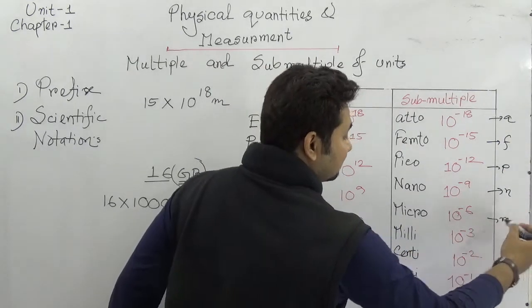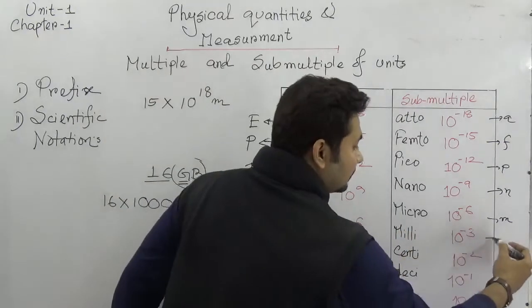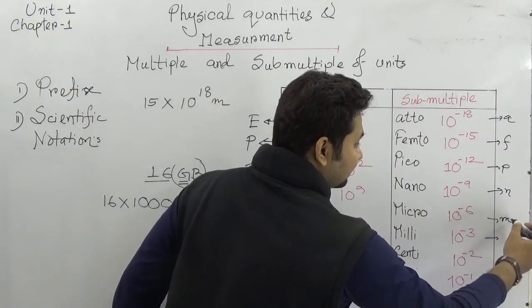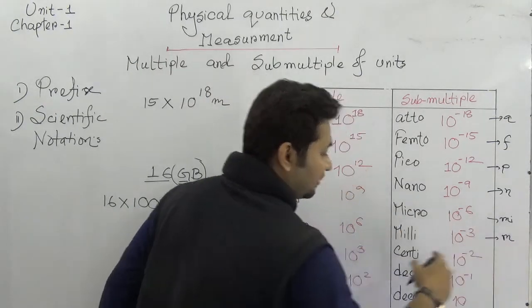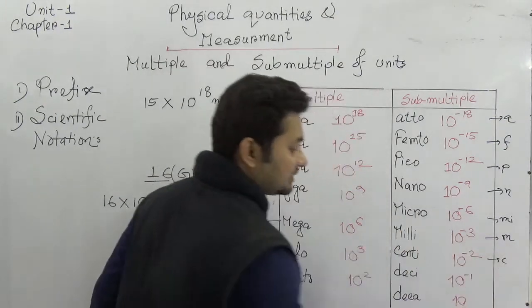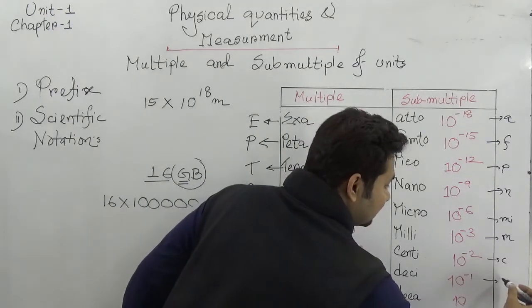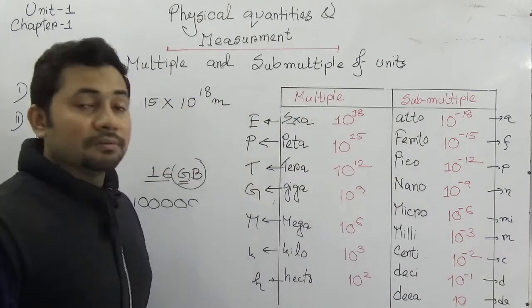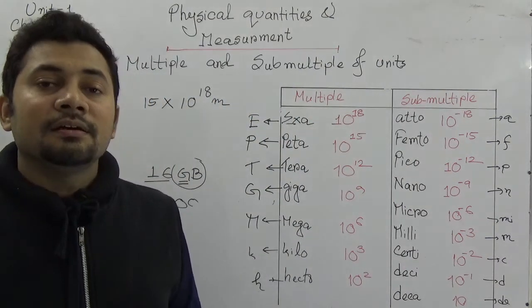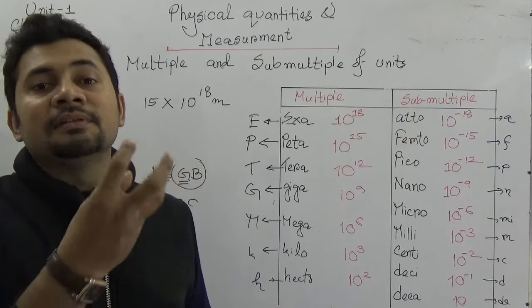Small letter m is milli. In case of micro and milli, we need to think about mu and m. This is very important. Centi is only small c. Deci is d, deca is da.